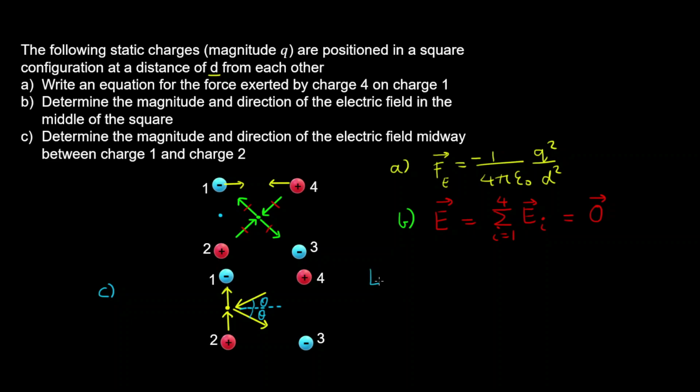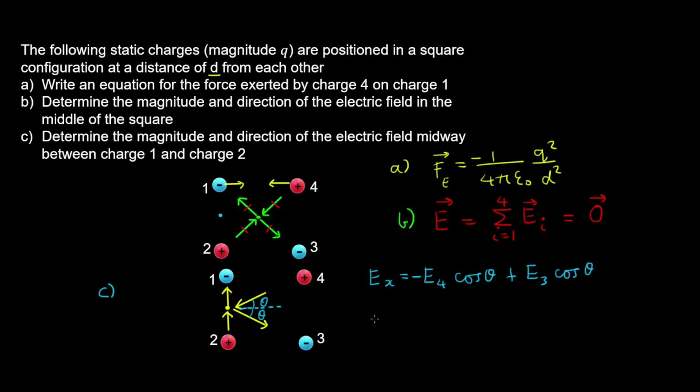So in the horizontal direction, we have the magnitude of the electric field vector of charge 4, cosine theta gives us the horizontal component to the left, and then plus the component of the electric field vector of charge 3 in the horizontal direction.